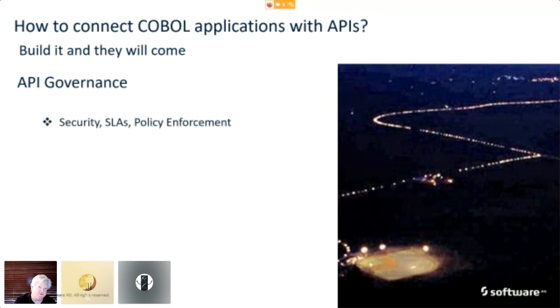The security, like we talked about, you may not have a mainframe user ID. You might have certain SLAs that you have to meet, and then policy enforcement. Not everyone is treated the same for those APIs. You really want to be concerned about logging to make sure you can match what was called with what happened on the back end.